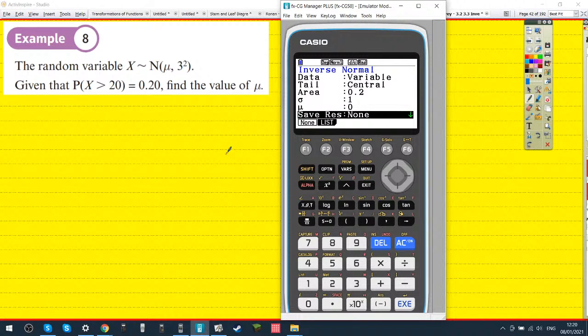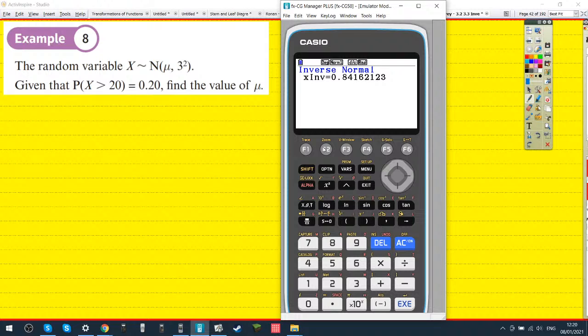Sorry, could you repeat that, please? What way will the tail go if it's for greater than? Right. Yeah. And so let us see. And so that is it.